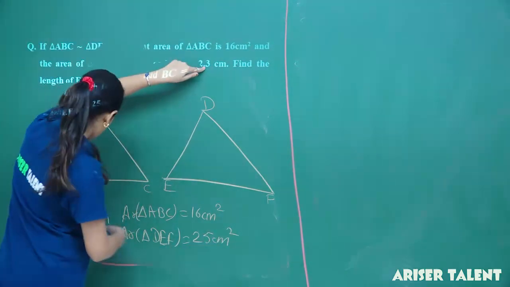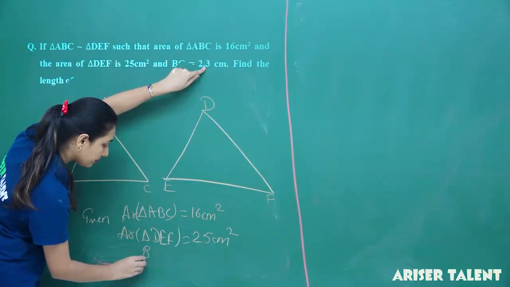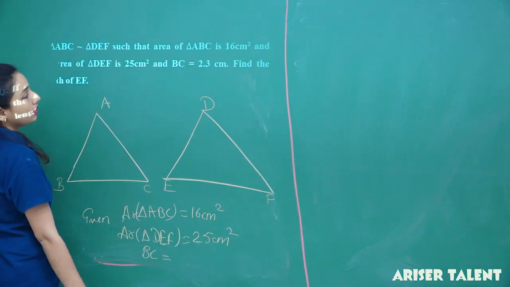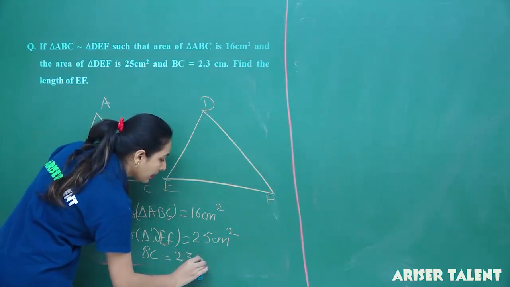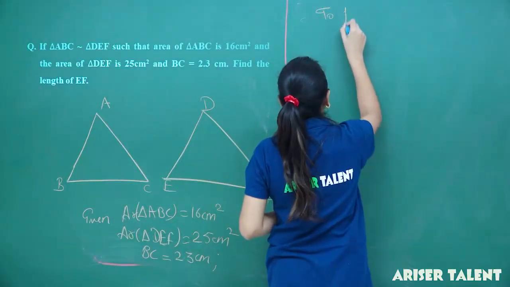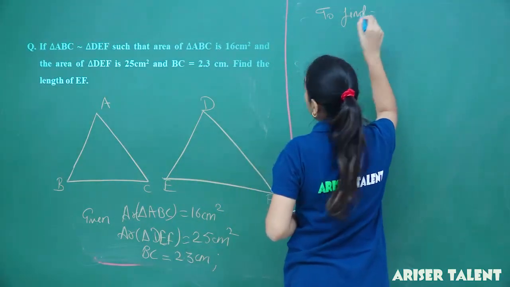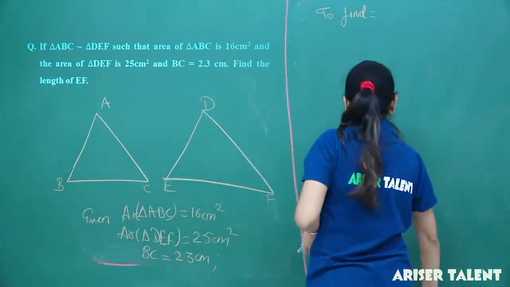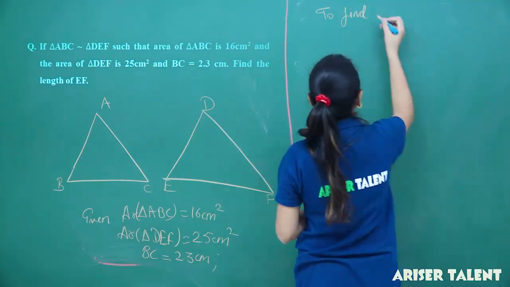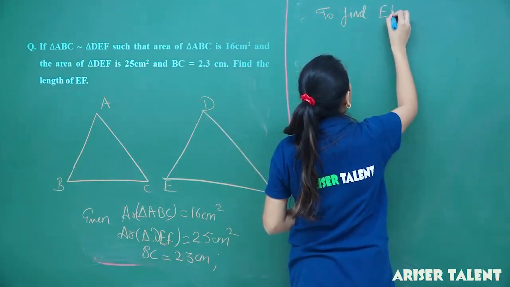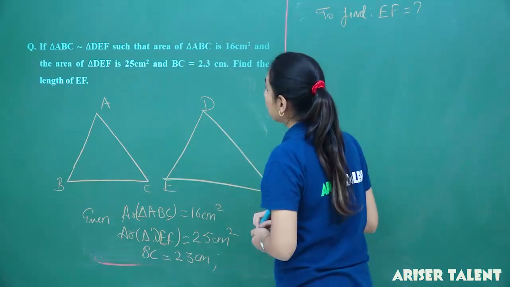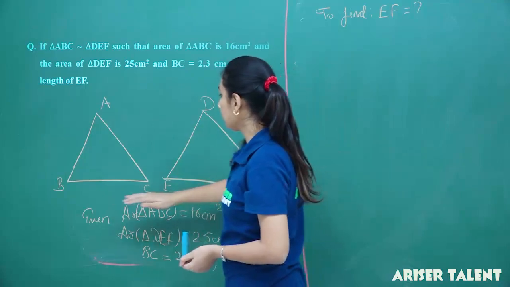And BC equals 2.3 centimeter, and we have to find the length of EF. So EF equals what? Now students, EF is this and BC is this.